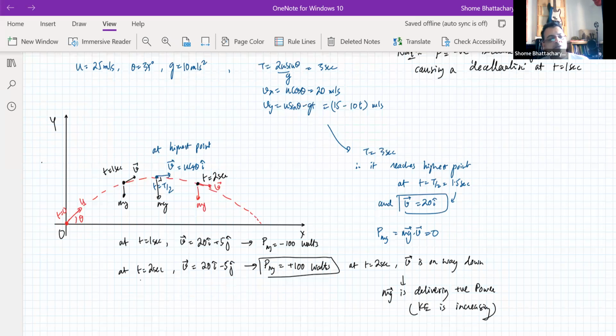Whereas as we saw at t equal to 1 second, it was the other way around. The projectile was on the way up, so kinetic energy was decreasing. Okay, so this is another important aspect of projectile motion we can understand in terms of the power delivered by mg, which is in fact the net force. So that's the net power. We hope this is clear to all of you.